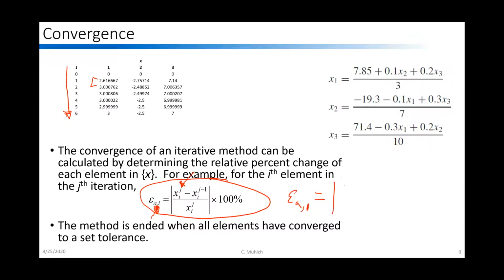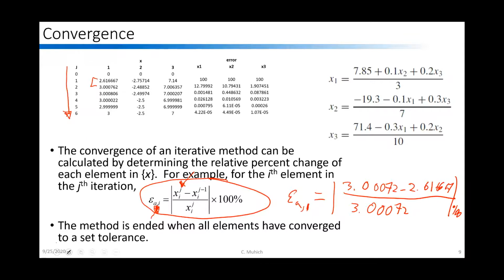It would be the new step 3 value, 3.00072 minus 2.616667, all over 3.00072, times 100, and that will give us the error.